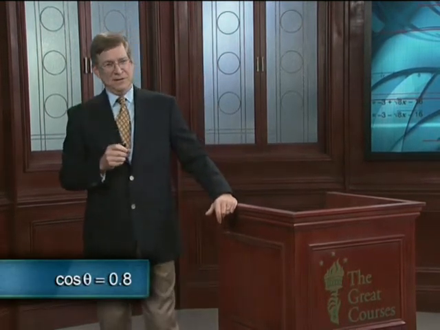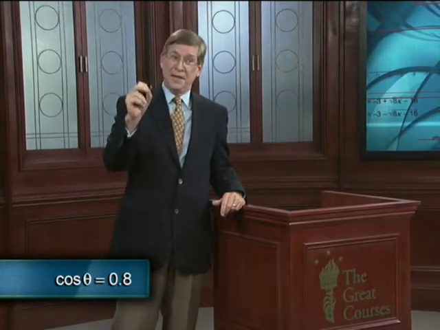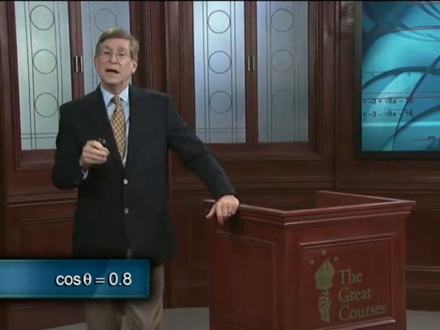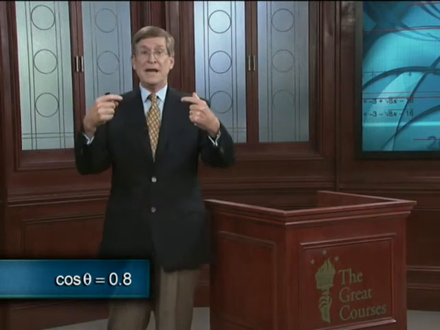If you have a calculator, there's a key called the inverse cosine. It's right above the cosine key. And if you use that button, you'll discover that the value of theta such that the cosine of theta is 0.8 comes out to be about 0.6435 radians.